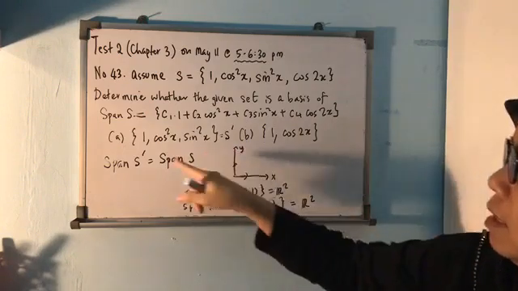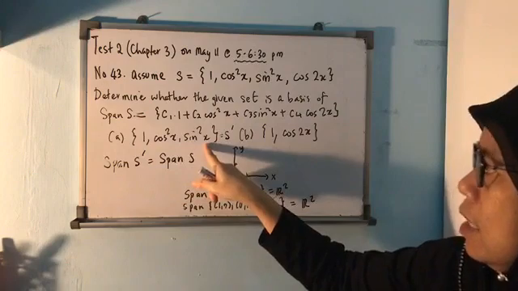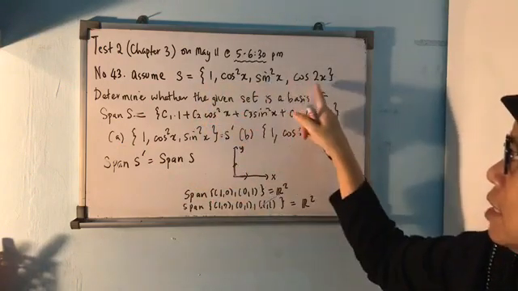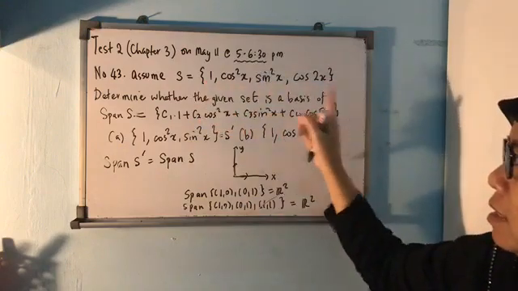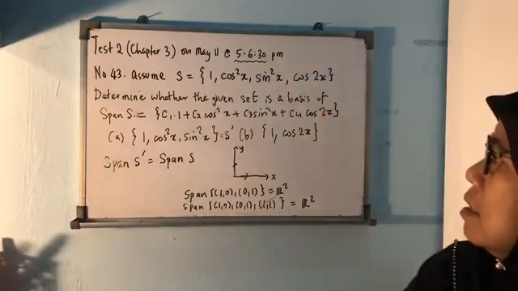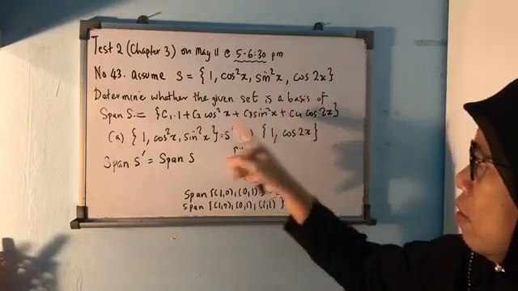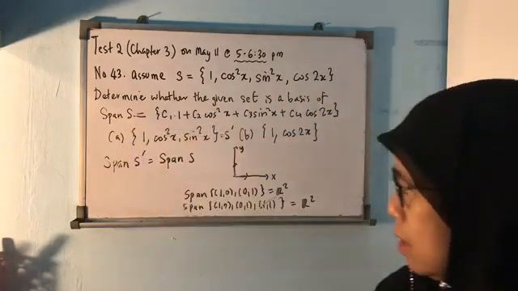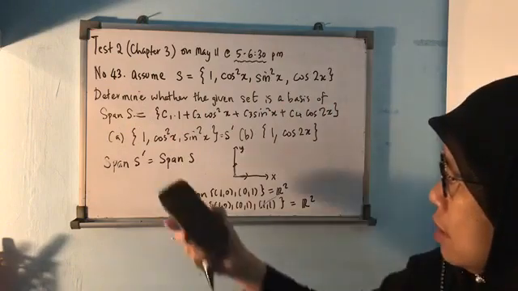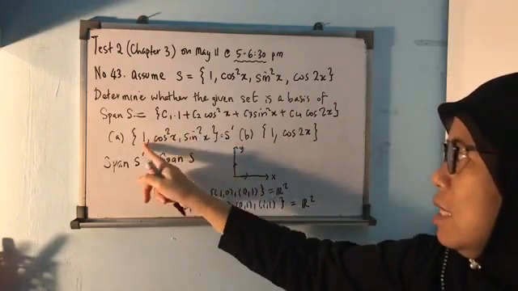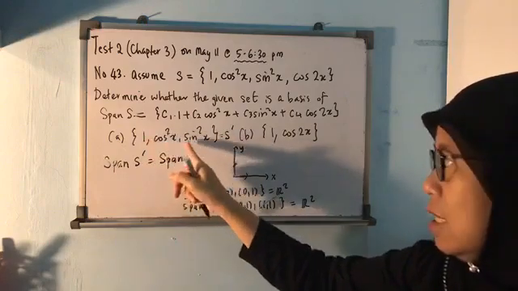Span of this is equal to the span of this. Now this is just a set. I didn't say this is a basis. This is just a set S. Now we want to find whether the given set is a basis or not of the span. For this one, the span is the same, but this is not a basis. Why? Because this is linearly dependent.